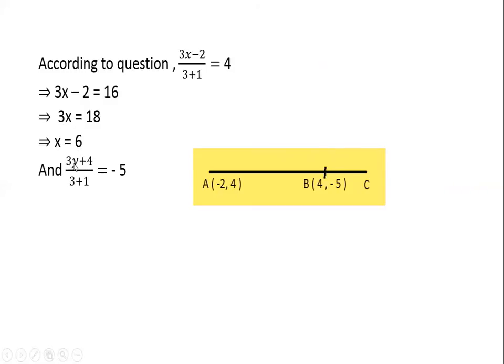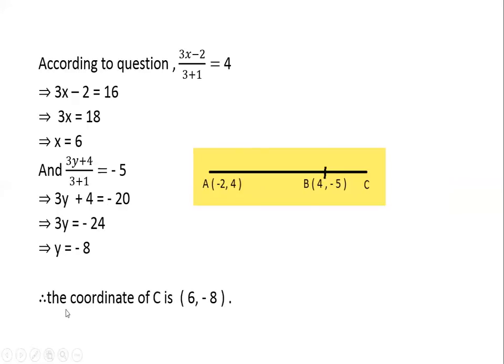And (3y plus 4) by (3 plus 1) equals -5. 3y plus 4 equals -20. 3y equals -24. If we divide this equation by 3, we can write y equal to -8. So the coordinate of C is (6, -8). This is our required answer.